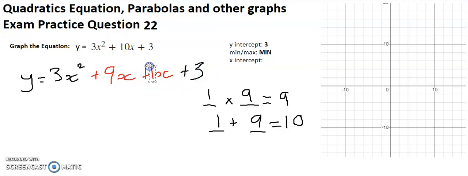Now, the next step is to look at the common factor, which I'm going to look for in my 3x squared and my 9x. Then I'm going to look at my x plus 3.